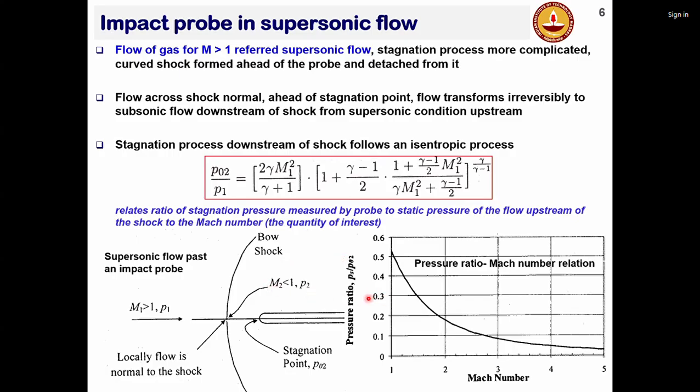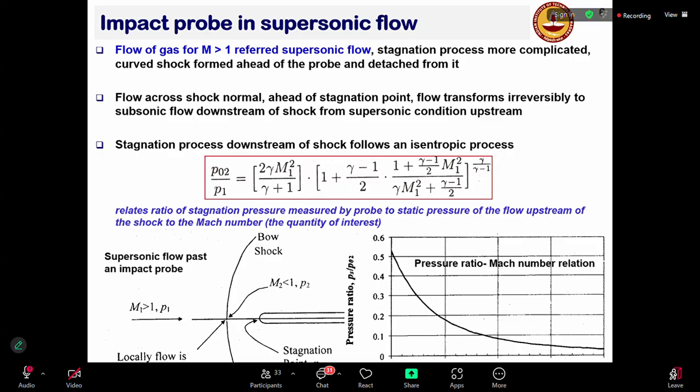And since you will be able to measure these two pressures, we can then plot how the pressure ratio varies with Mach number and compare it with the experimental values. And you can see that as Mach number increases, since the dynamic pressure becomes stronger and stronger, the stagnation pressure increases because of the increase in velocity. So the ratio actually decreases. The static to stagnation pressure ratio actually decreases.